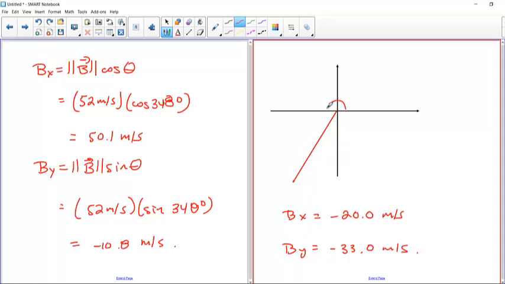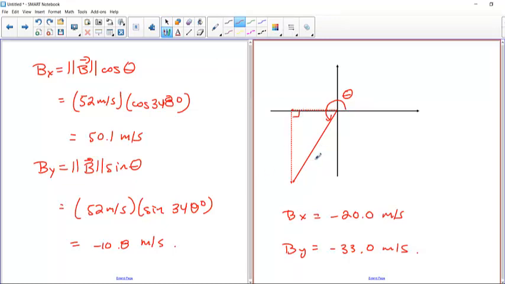Well, we know the angle has to be in the third quadrant. So that's theta. It has to be somewhere between 180 and 270 degrees. So if I show the components of the vector, you're gonna have a negative x component and a negative y component. And this angle here is 90 degrees.